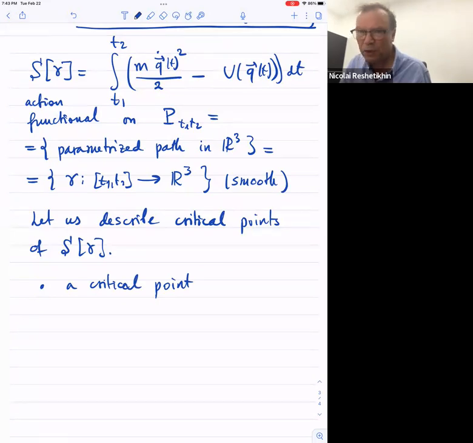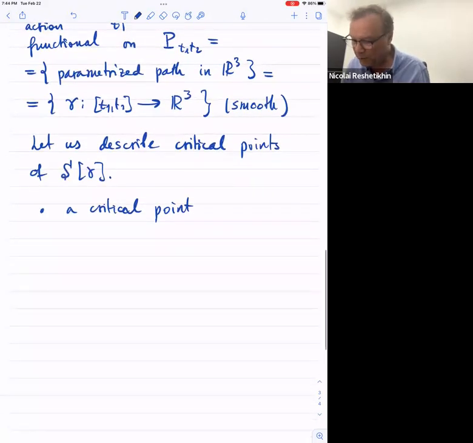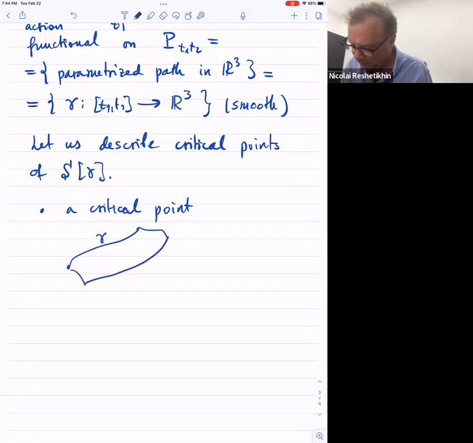As in the case of functions of n variables, a critical point is where all partial derivatives vanish. So the question is, what are partial derivatives in this case? Well, suppose we have a path gamma. Let's consider a one-parametric deformation. Gamma 0 is this path, gamma 1 is that one, and we are deforming the path, including the boundary points.